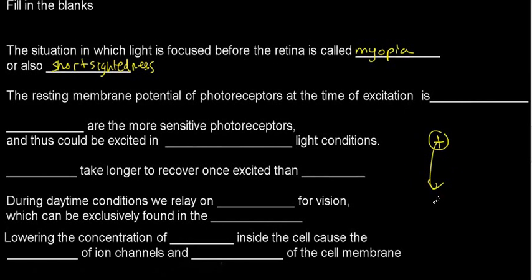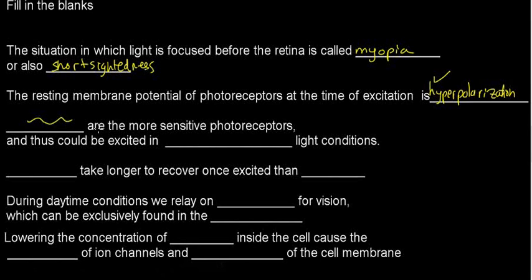And when positive charges can't go in, things go from a positive environment towards a more negative environment. And this is called hyperpolarization. So we're going to write hyperpolarization, and read it again. The resting membrane potential for the receptors at the time of excitation is hyperpolarization. Agreed. Very good.